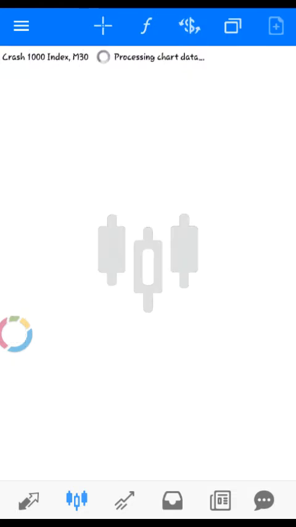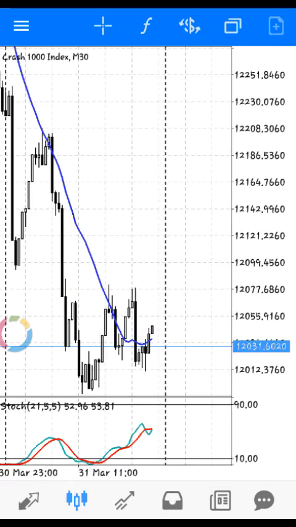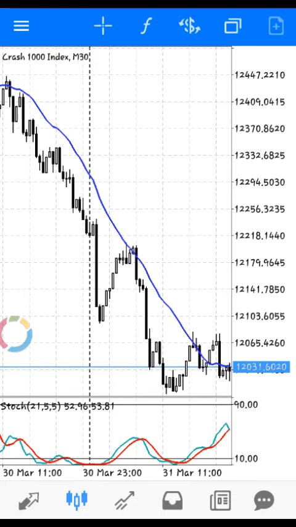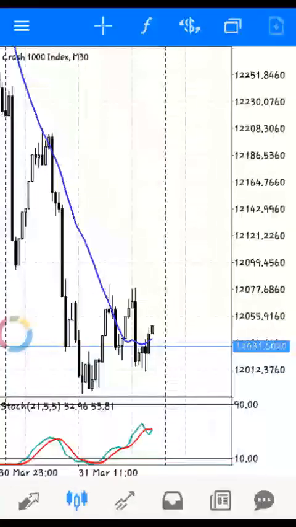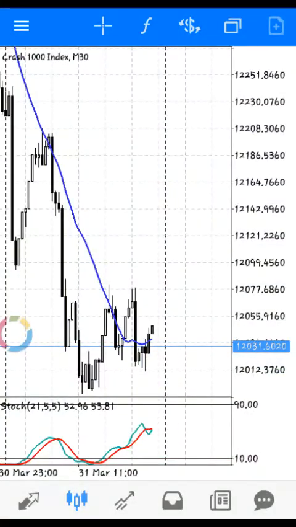I'm trying to explain how we use what we get from the higher time frames down. So for Crash 1000, I'm not going to go over that again. You check the daily chart where you are. Are you above or below the moving average? You check your stochastics on the daily. What are you seeing? Check the candle pattern on the daily.